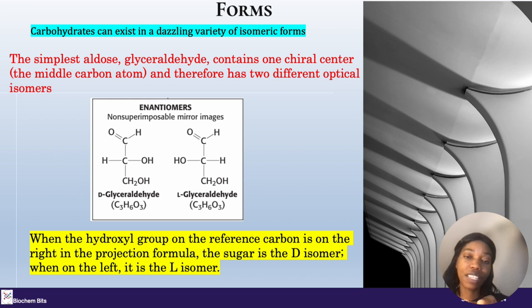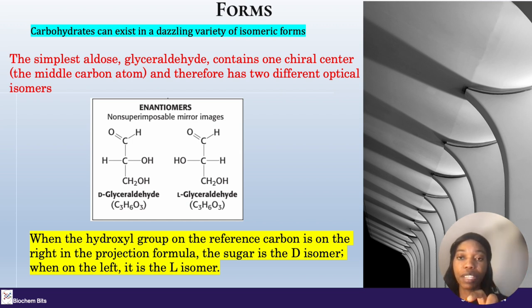Now, carbohydrates can exist in different isomeric forms, and the simplest carbohydrate is glyceraldehyde, which has just one chiral center. The more chiral centers, the more complex the carbohydrate is, and the chiral center is defined by the isomer, the epimer, the D and the L form.